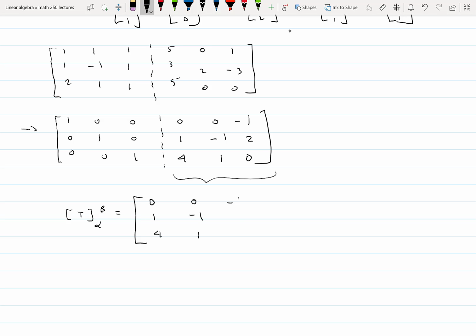And it wasn't easy at all. Notice how hard steps B and C were. They were difficult because we weren't dealing with the standard basis vectors. We're going to return to this concept later in the lecture.